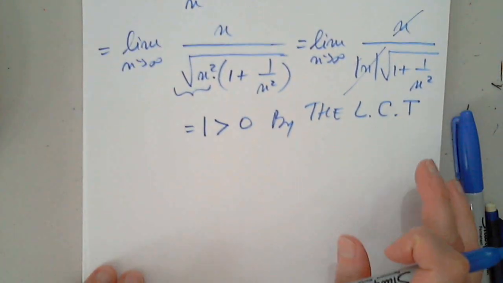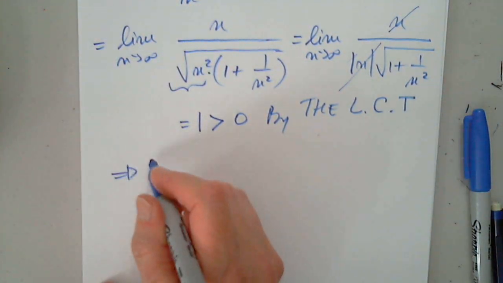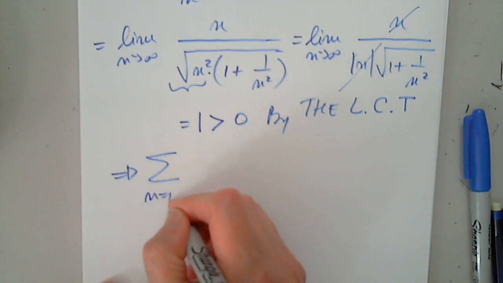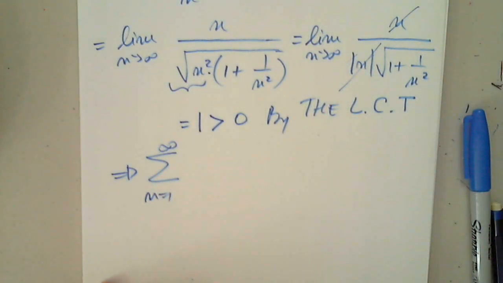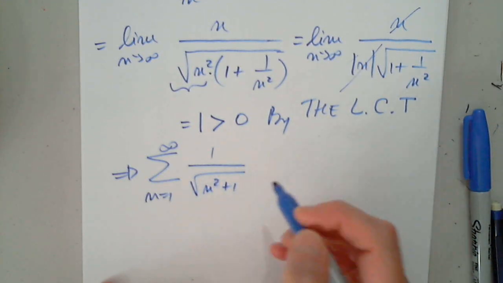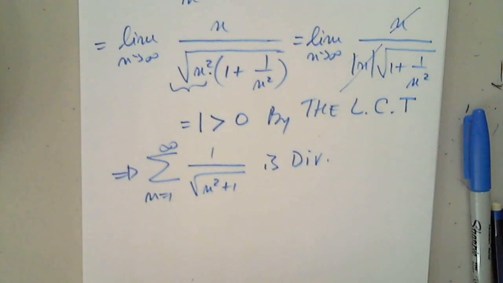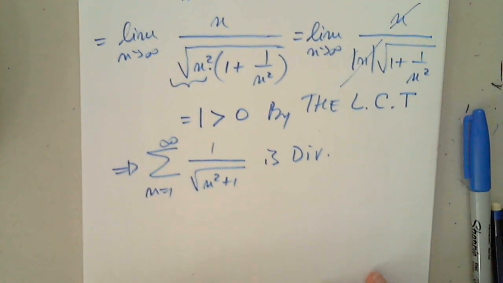So then by the limit comparison test, we conclude that the original series, n equals 1 to infinity, of 1 over the square root of n squared plus 1 is divergent by the limit comparison test. Okay, moving on. 23.